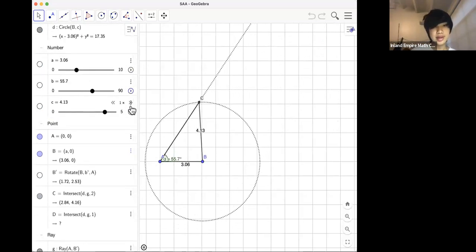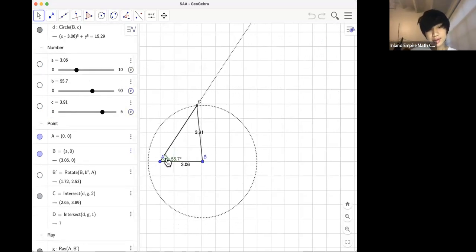So SSA means that we know one angle, and then we know a side, and then we know the opposite side. So we know there's an angle, say 55.7 degrees, right next to a side of 3.06. And then on the other side of the triangle from that angle, we have a side length of 3.91.